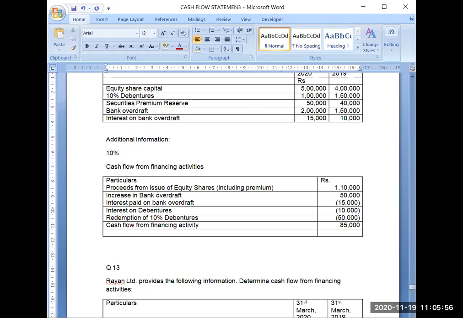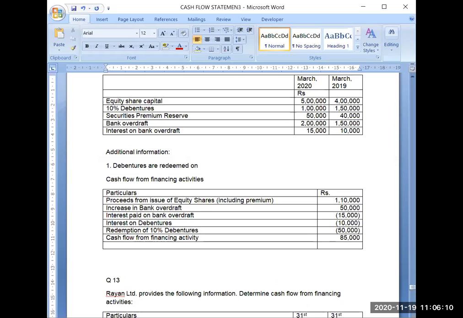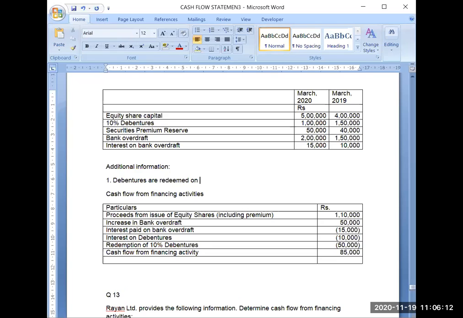Now suppose the question says in additional information that debentures are redeemed on, focus on the dates now, 1st April 2019.